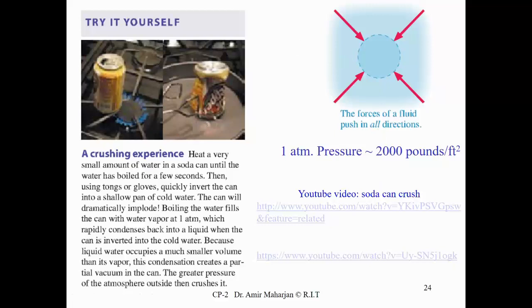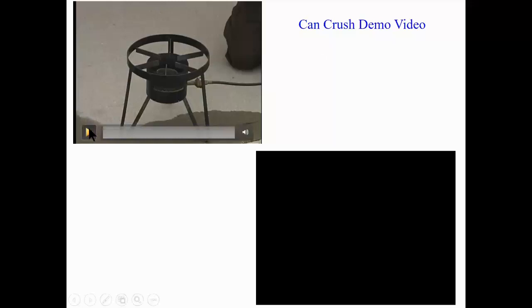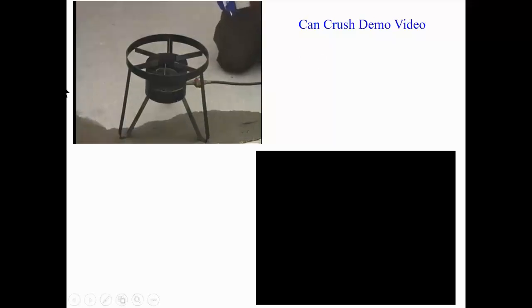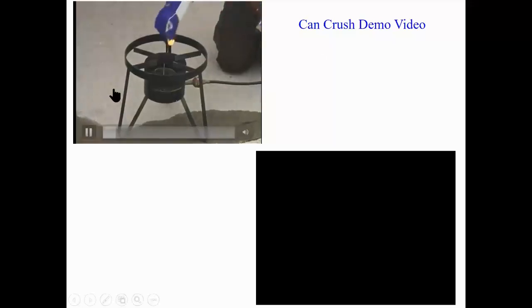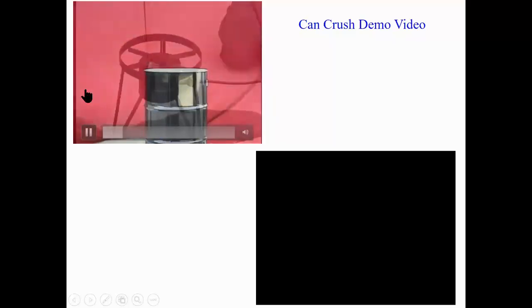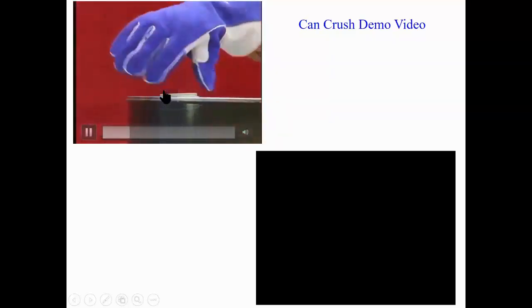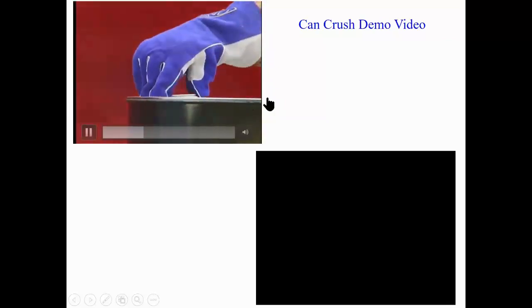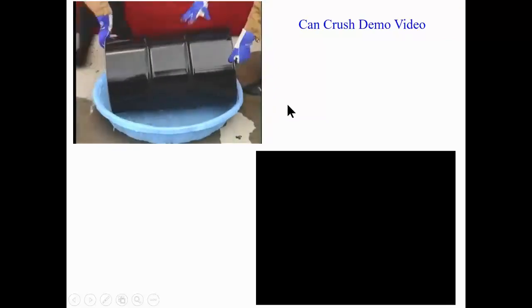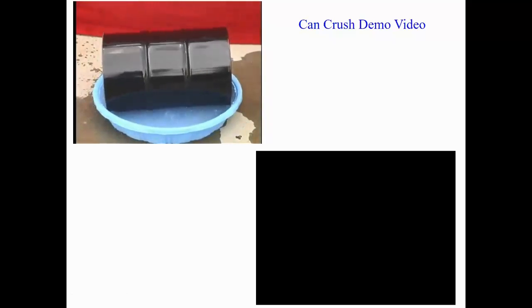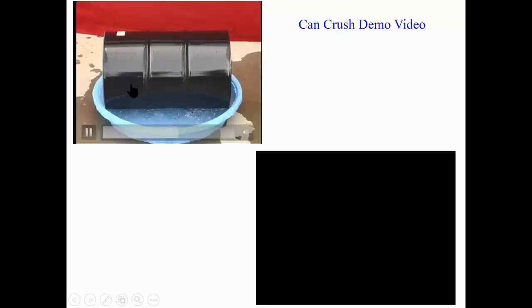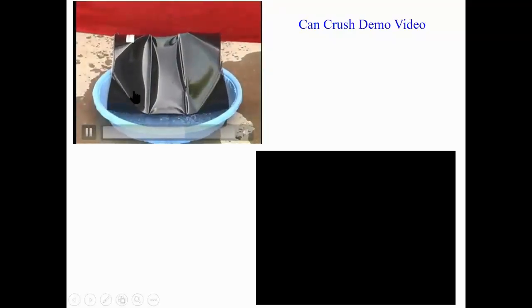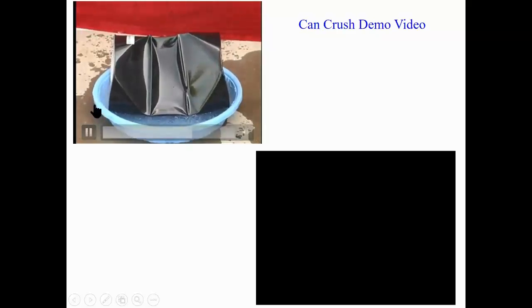First the drum is boiled at one atmosphere pressure, then you put the cap on it, seal it, and cool it down. Once you cool it down, the drum will implode. You now need to explain what causes that.